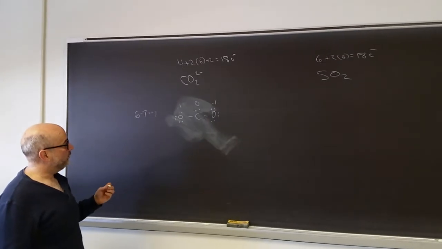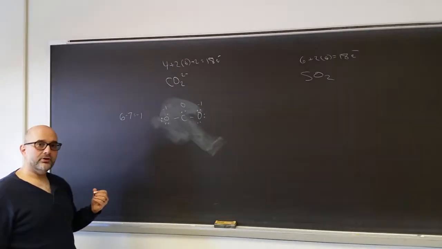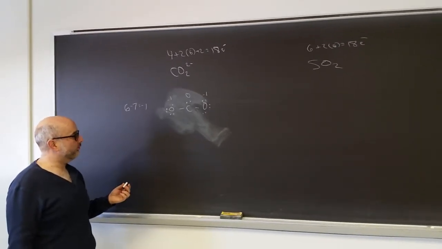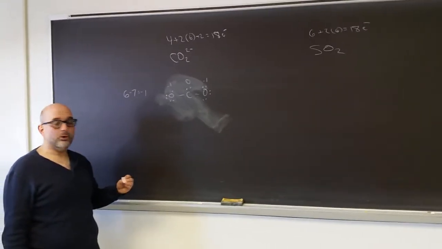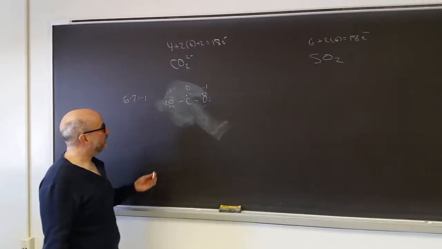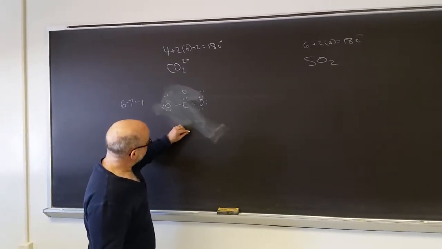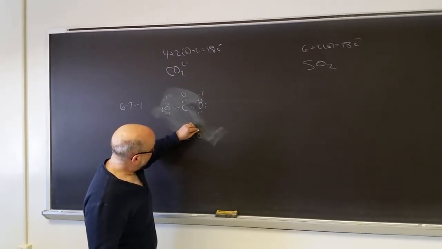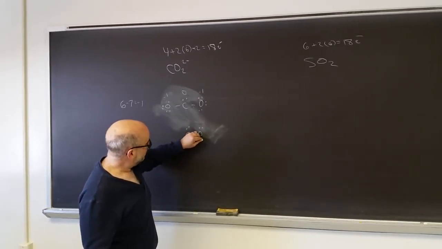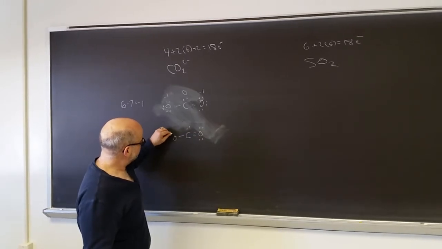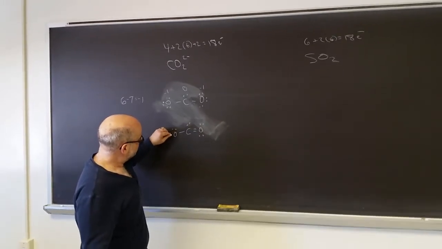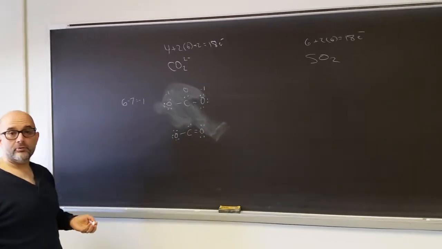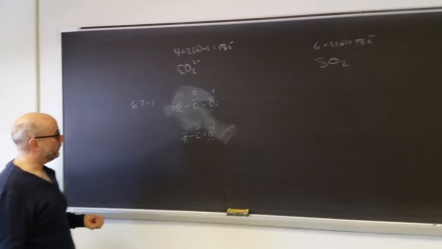Now, the idea is that formal charge is not great and you want to minimize it if at all possible. And the way you do that is by redistributing the electrons and going to multiple or higher order bonds. So what you could do, for example, is take one of the unshared pairs on this oxygen and make it a shared pair, giving you this structure right here.